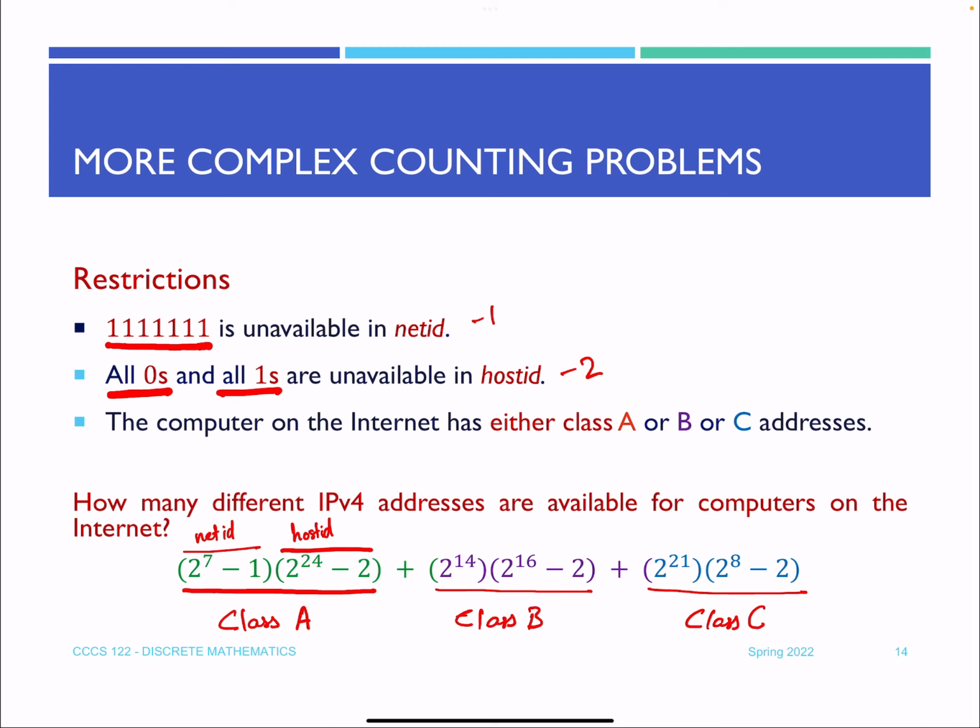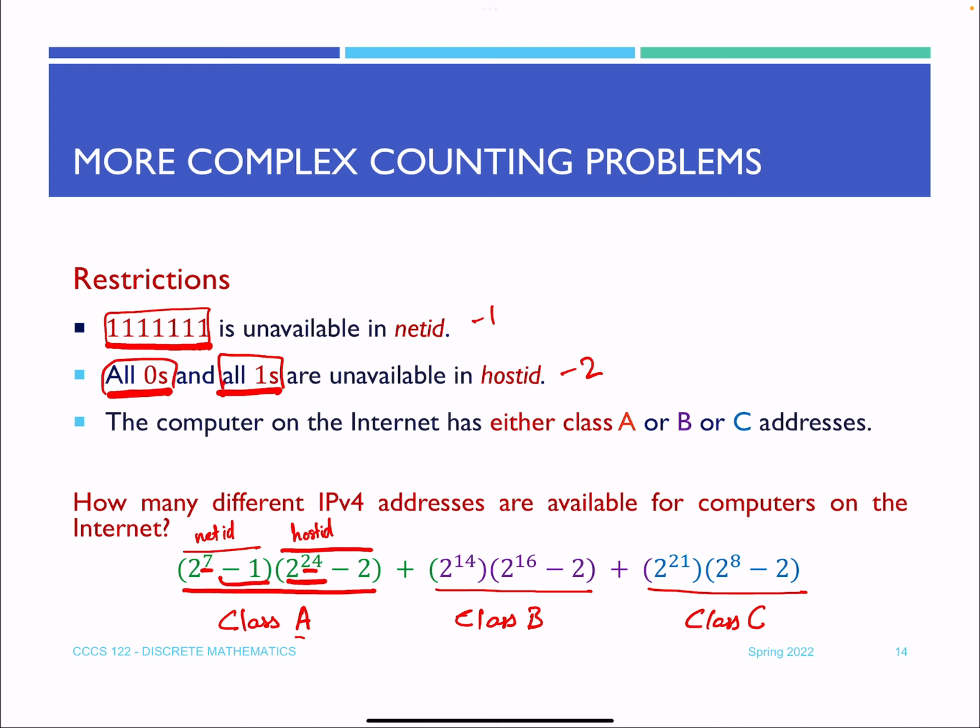So recall that for a class A address, you have 7 bits for the net ID, which means you have 2 to the power 7 different strings that you can make out of ones and zeros, -1 for the one option that's not available to you, all ones. For the host ID portion, in a class A address, you have 24 bits, which means 2 to the power 24 possible strings. But there are 2 options, all zeros and all ones, that are not valid.